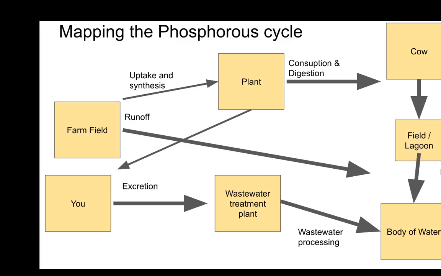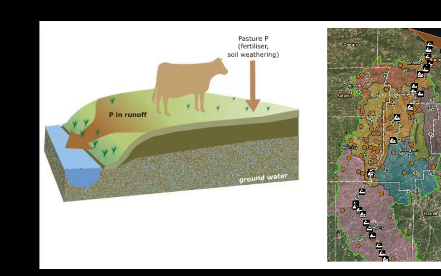Then they excrete this phosphorus, which ends up either being spread on a field or in a giant lagoon, and then it might run off into a body of water. So you can see where all of this is going. There's lots of phosphorus being put into our bodies of water through our own activities, but also the activities of farms. And here's a little diagram that shows a cow and its role.